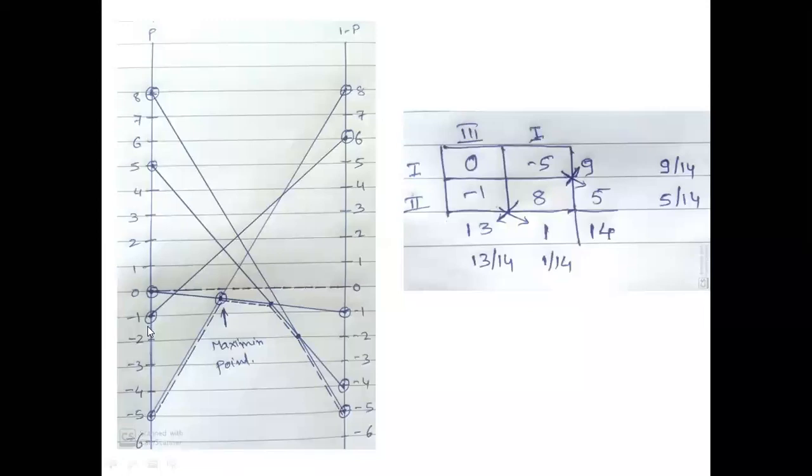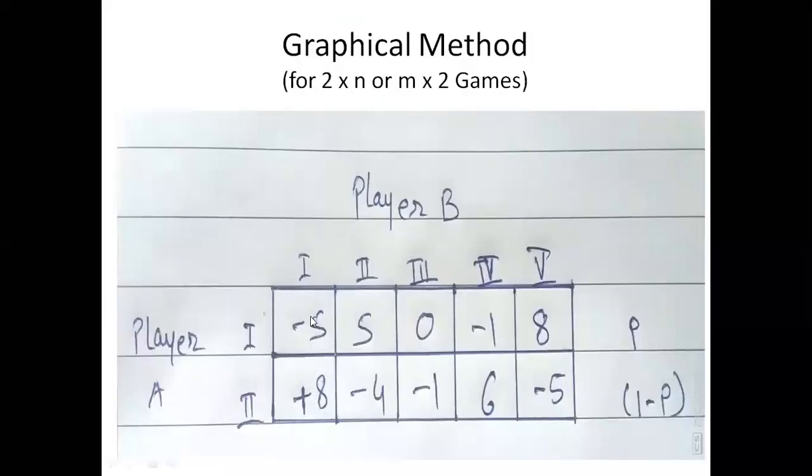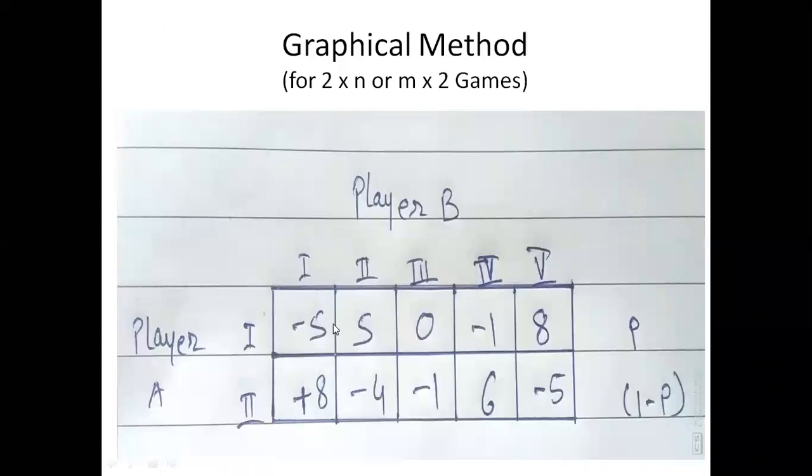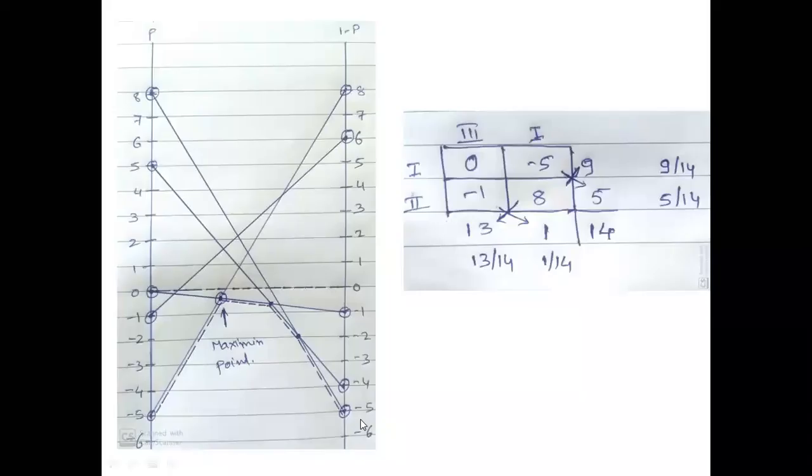This is the line for p and this is the line for 1 minus p. This is minus 5 plus 8, so this is the first line I have drawn. The next is plus 5 minus 4. I have corrected this.